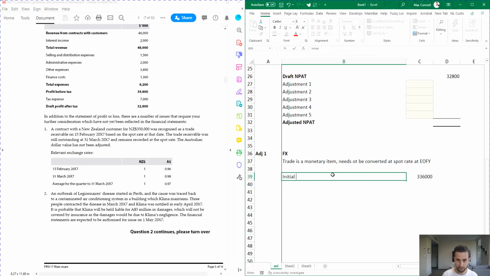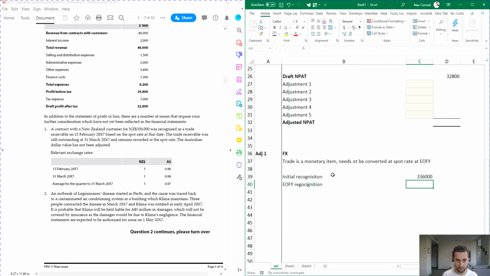So we can say initial recognition, excuse my spelling, and then end of financial year recognition is equal to 350 times 0.98.